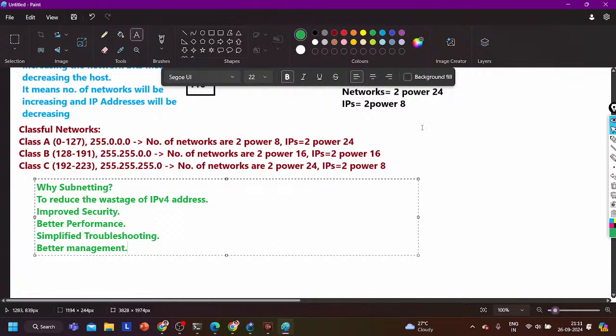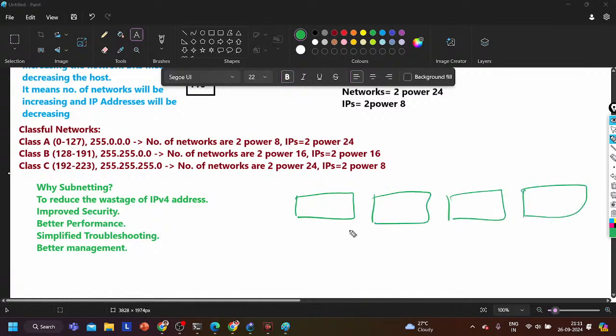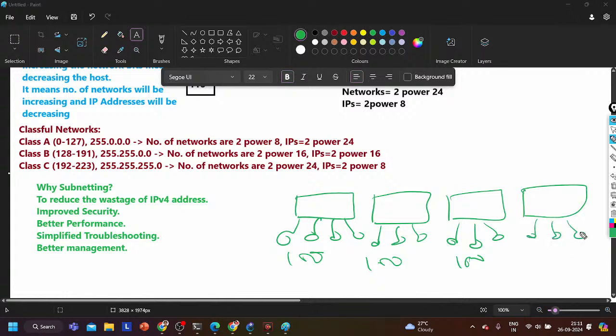Isolated network means, let's say, let me create one network of a company. There are some switches. Each switch is connecting, let's say, 100 PCs. 100 PCs here, 100 here, 100 here, and 100 PCs here.